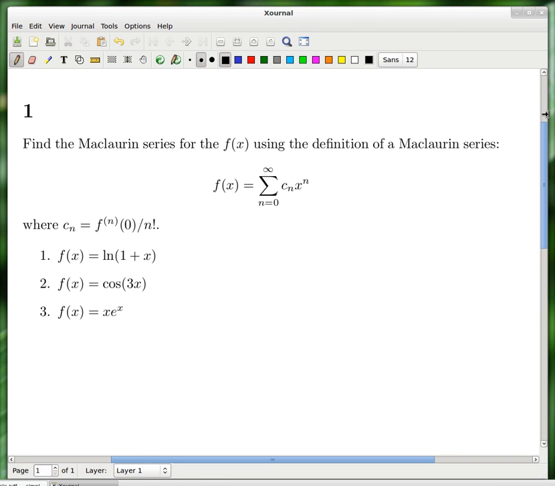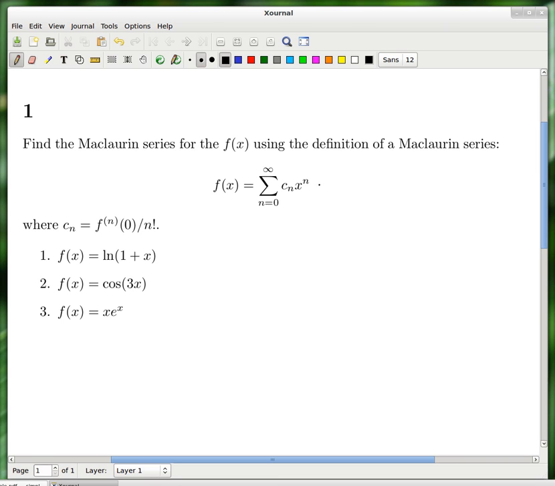So just for concreteness, look at this first expression here. f of x is equal to natural log of 1 plus x. What we want to do is find the right-hand side of this equation. It's going to be like an infinitely long polynomial that agrees with natural log of 1 plus x on certain values.